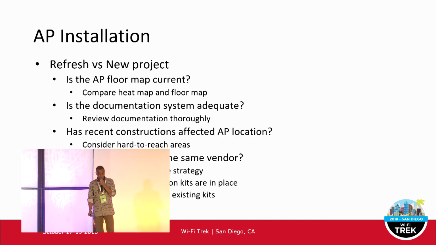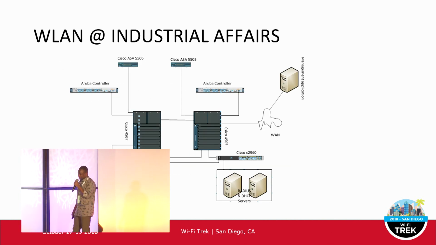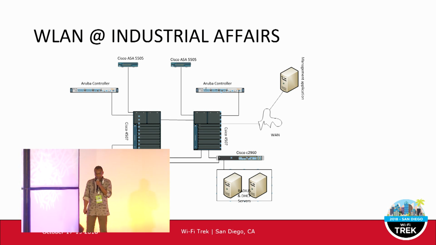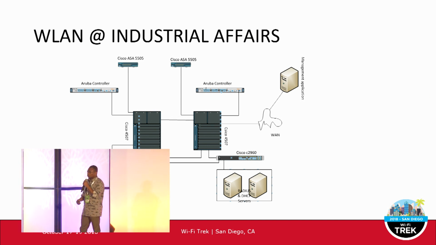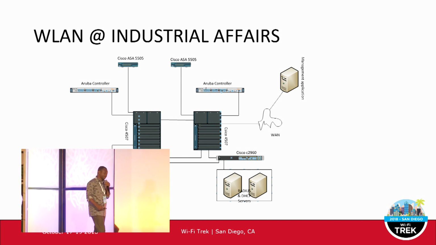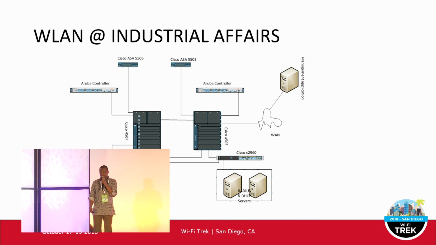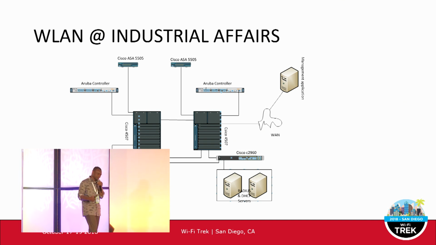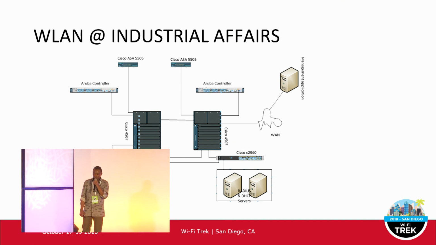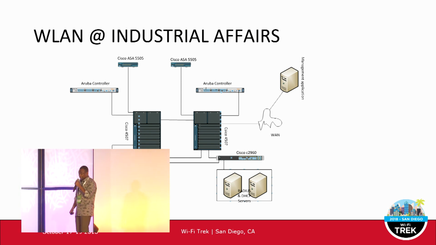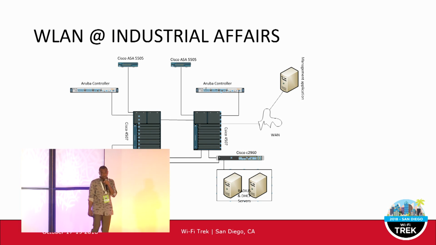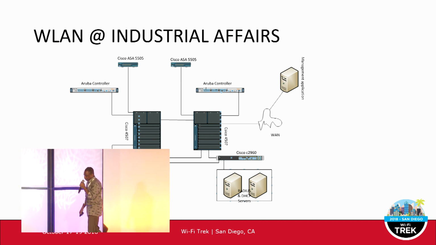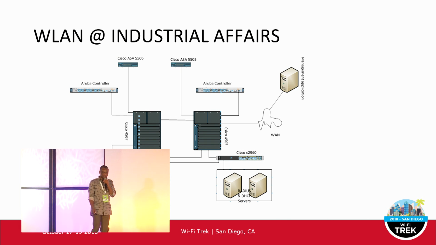So here we have just a little bit of architecture of how we deploy Wi-Fi behind the firewall. Because for the industrial space, the last time it was so bad that the APs had to be deployed behind the firewall. While for the office environment, you don't really have to worry about poking holes in the firewall. So it was a little bit demanding, but it's just an idea of what it looks like.